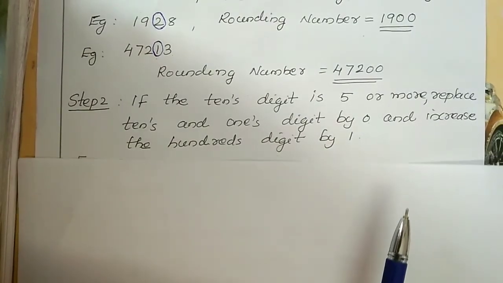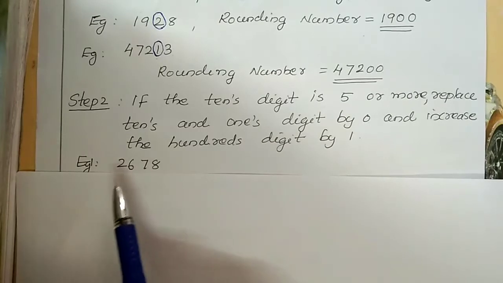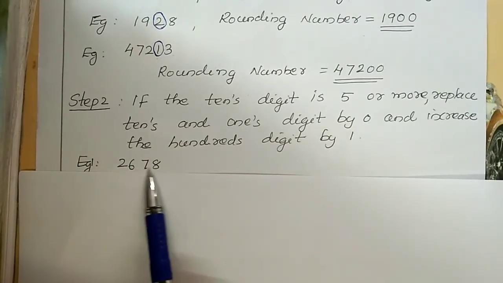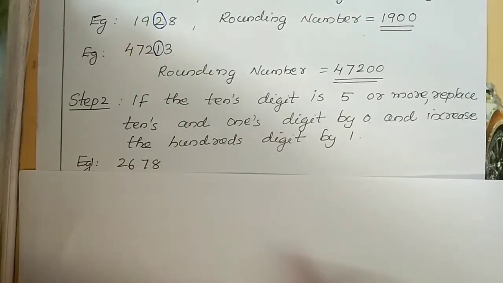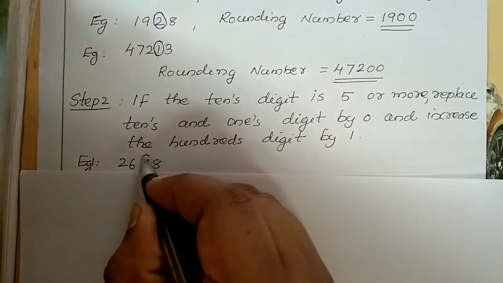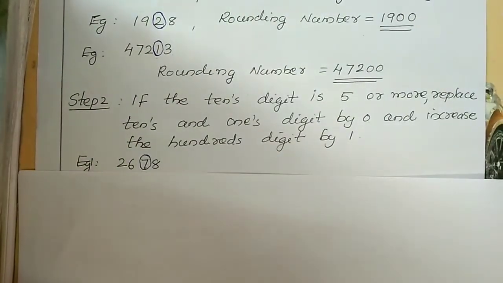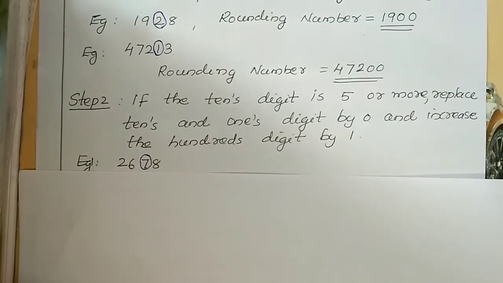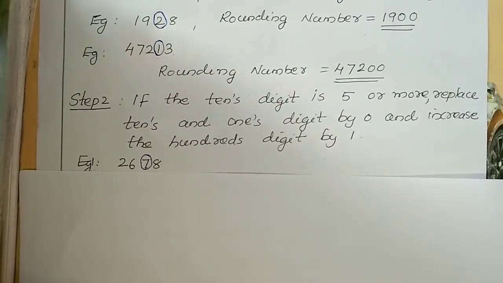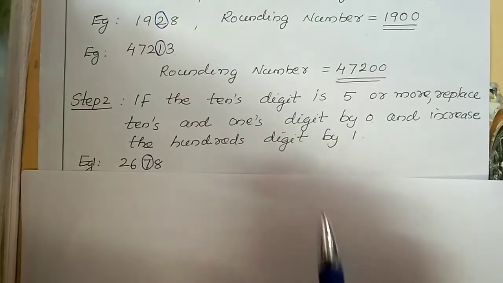Here is another example, 2678. Here, which is our tens digit? Our tens place digit is 7, that is more than 5. So you replace that tens digit and ones digit by 0.